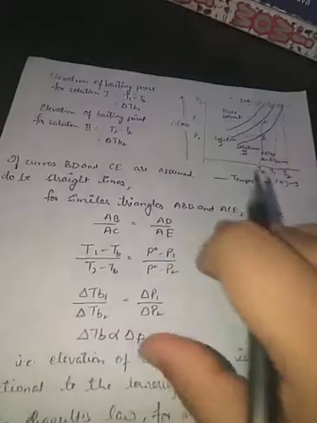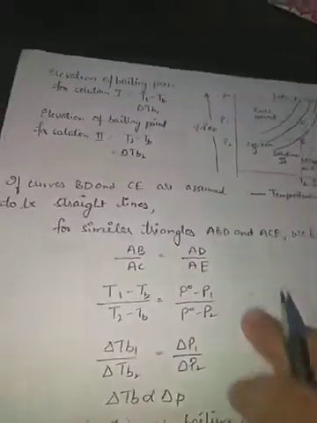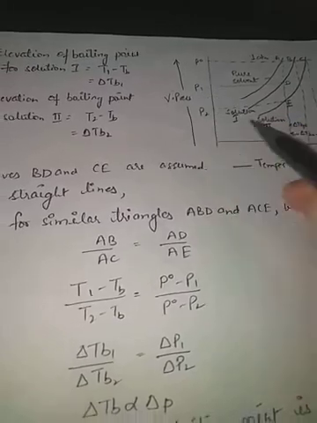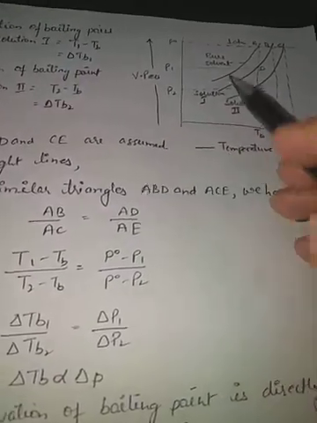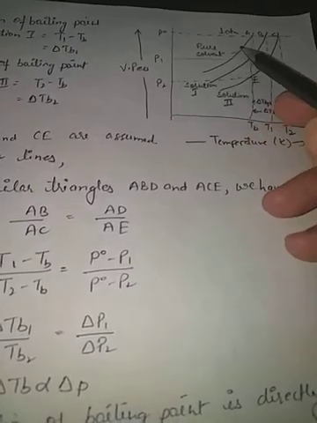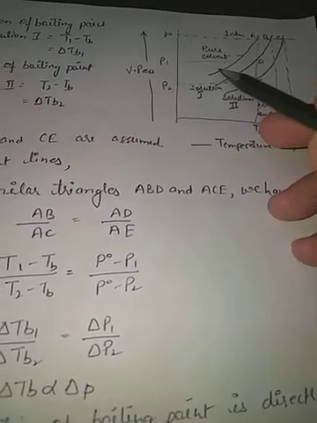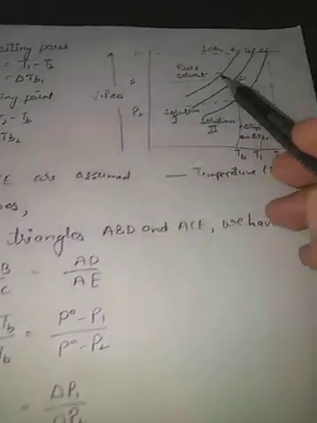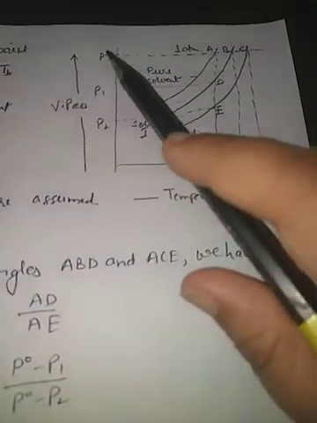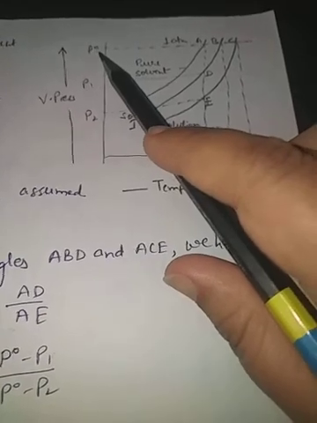Now we will see a graph. Graphically we will see, like suppose this is showing the vapor pressure and this is the temperature. This first curve is for the pure solvent. Pure solvent means this solvent is boiling, its vapor pressure is P naught.